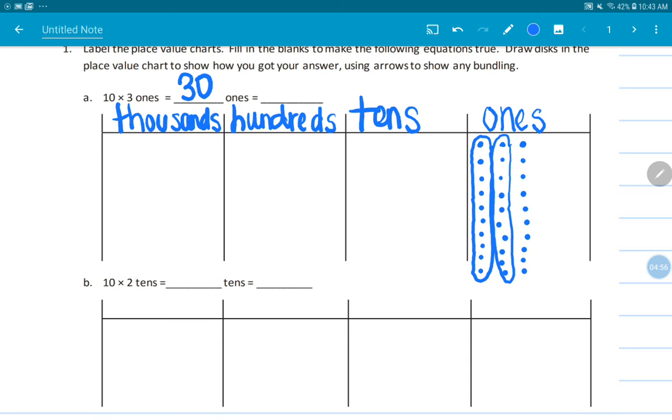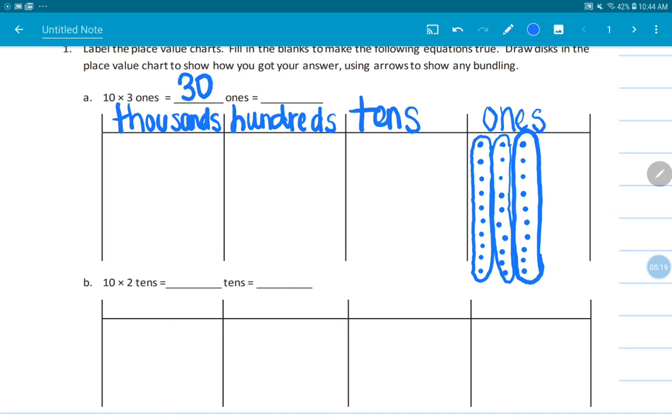And then I'm going to see if I have another group of 10. 1, 2, 3, and so on. How many groups of 10 do I have? 3. I have 3 groups of 10.